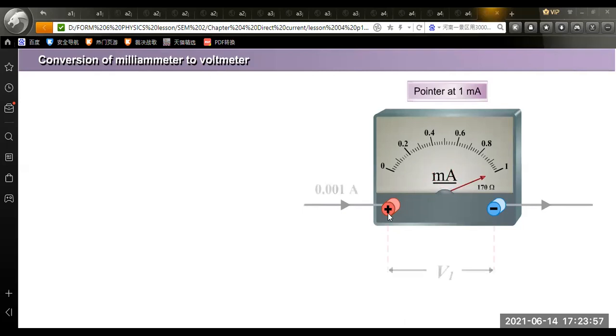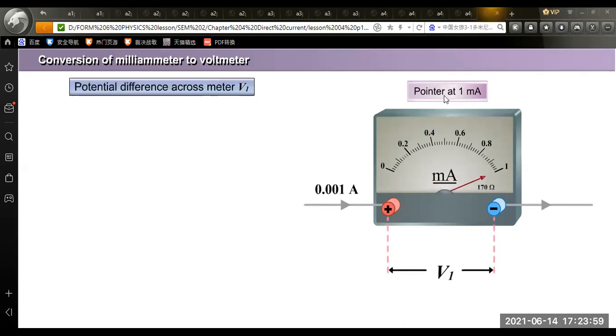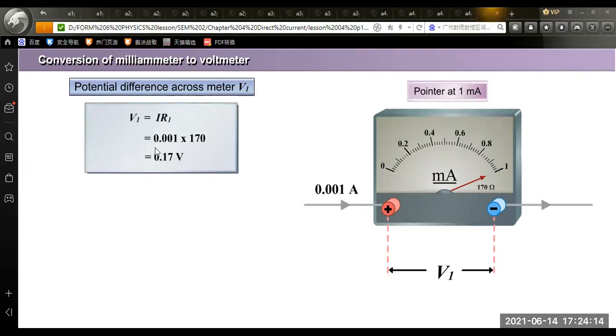The maximum is 1 milliampere. That means V1 equals how much? It should be 0.001 ampere times 170 ohm. The maximum allowed potential difference is 0.17.